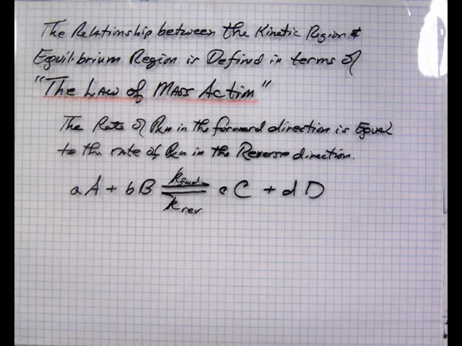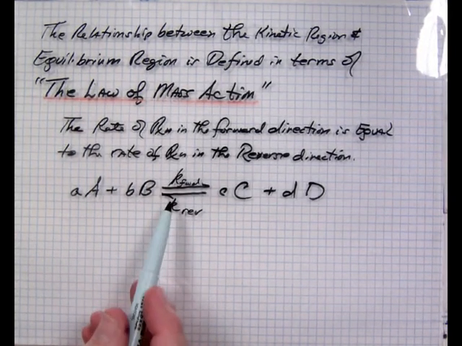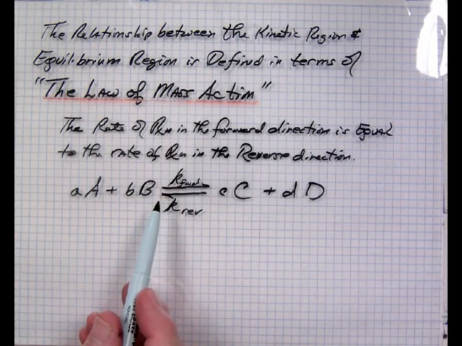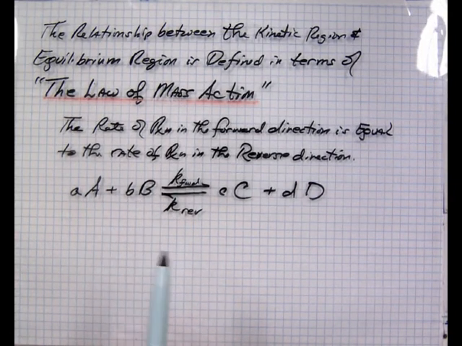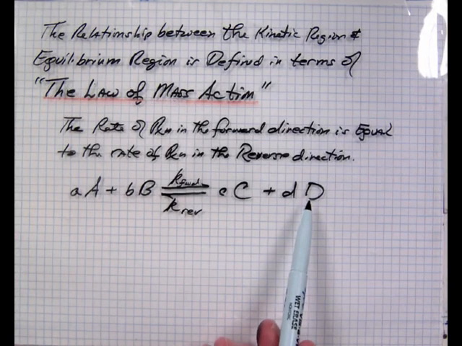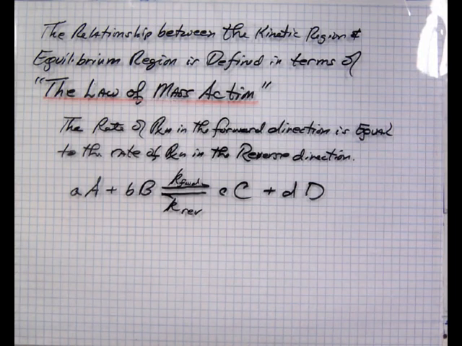Okay, with that in mind, we want to write an empirical rate law for the forward reaction in terms of A and B, and write an empirical rate law in terms of C and D, which define rates in their respective directions.